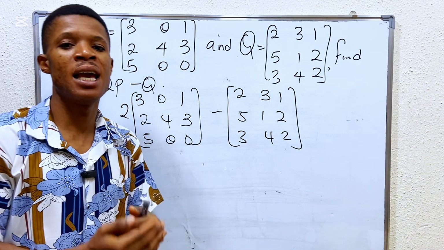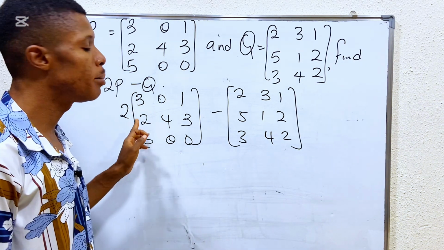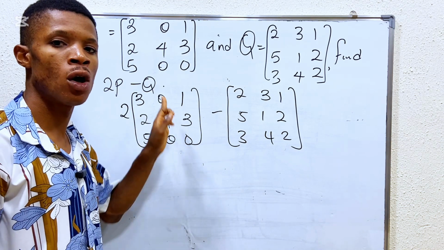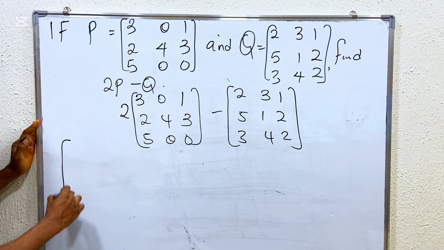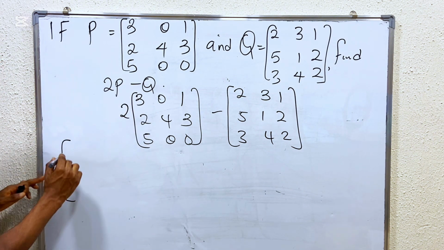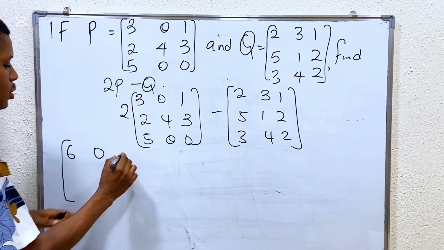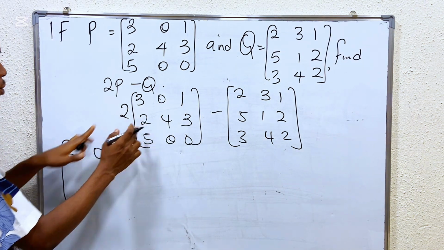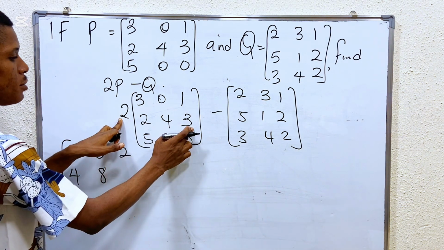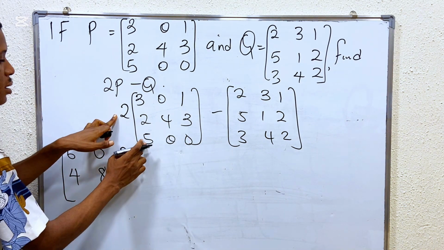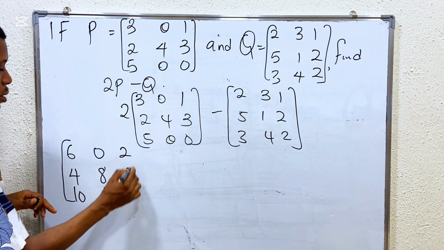And to multiply a matrix by a scalar, we use the number to multiply all the elements or all the entries in the matrix. So that will give us a matrix of 2 times 3 is 6, 2 times 0 is 0, 2 times 1 is 2, 2 times 2 is 4, 2 times 4 is 8, 2 times 3 is 6, 2 times 5 is 10, 2 times 0 is 0, and 2 times 0 is 0.